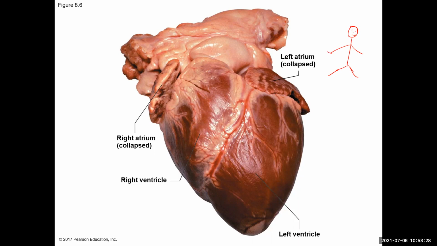Remember, fingers, thumbs down, fingers, right? So the heart would be in this person, right? Just like that. So if we are looking at it in this orientation, then this is the left side of the heart, and this is the right side of the heart.